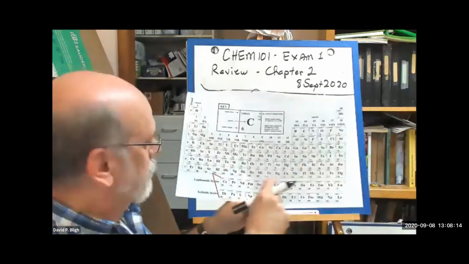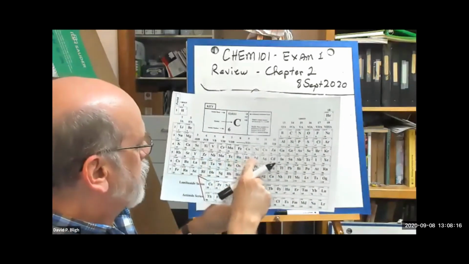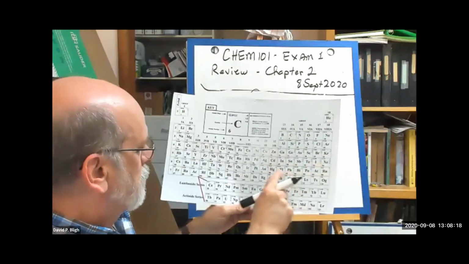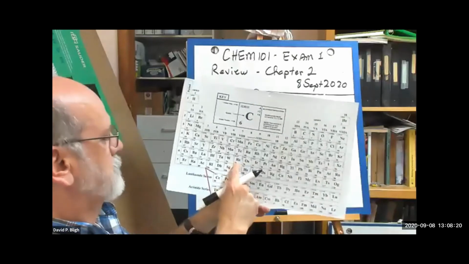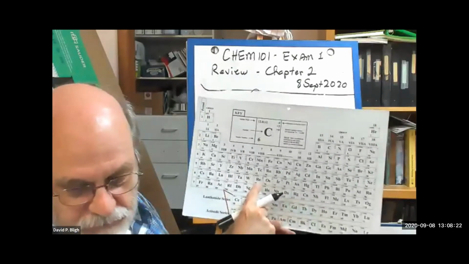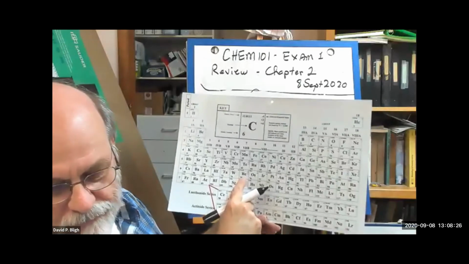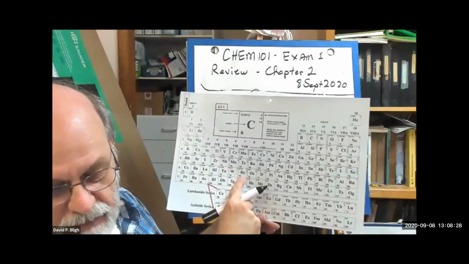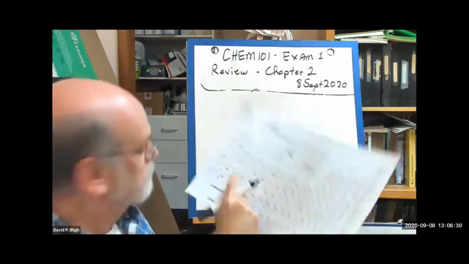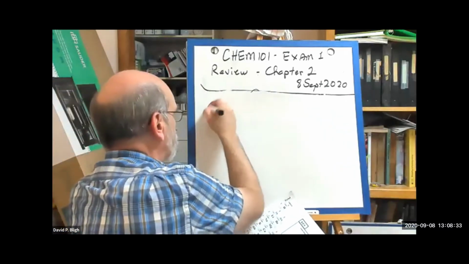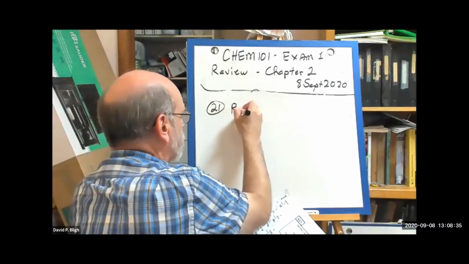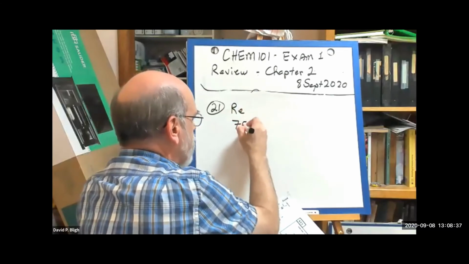Can you see it? Scan for RE. Oh, there it is. 75. So number 21 says 75 protons. So A. 21. 75 protons.